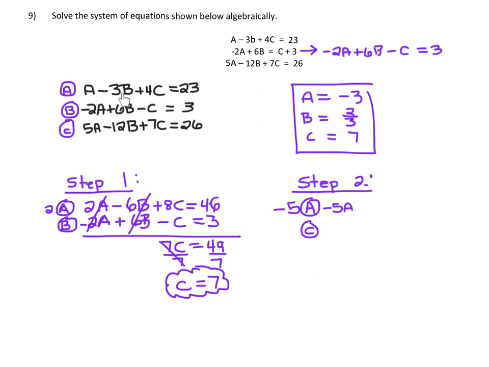-5 times -3b is positive 15b. -5 times 4c would be -20c. And then -5 times 23 would be -115. All right, and I'm just leaving equation C as is.